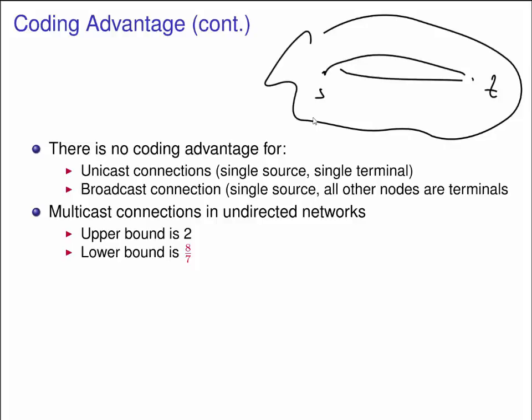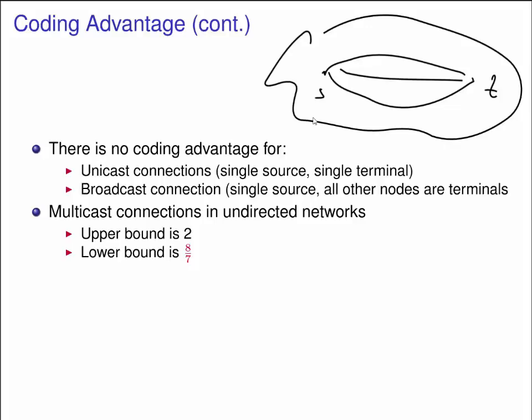Therefore, we can send information from S to T over disjoint paths. And by sending information over these disjoint paths, we can achieve the capacity of this network. Therefore, the capacity can be achieved without network coding, by using traditional techniques such as forwarding. So in such settings, network coding doesn't give you any advantage. Whatever can be achieved with network coding can be achieved without network coding by just routing.